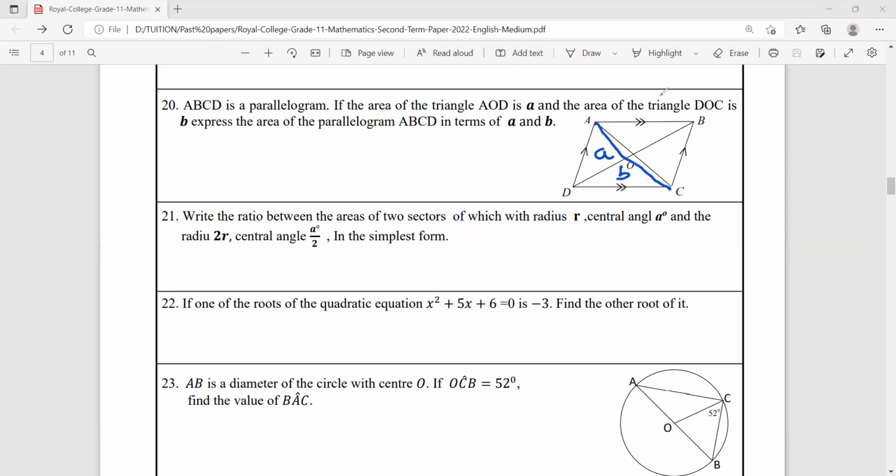So it actually bisects the area. So you can write this also. This should be ABC, also should be A plus B. So you can write this is B, this is A.